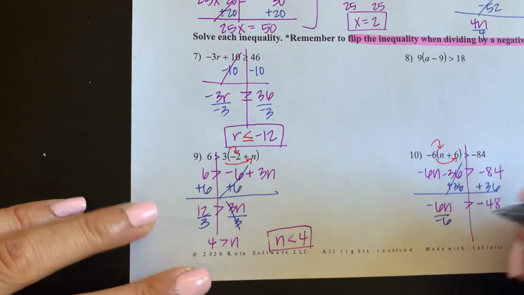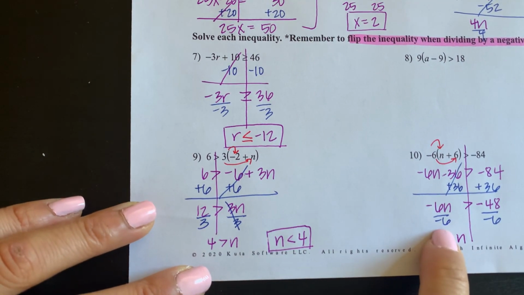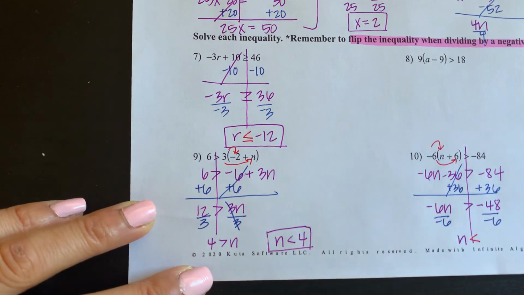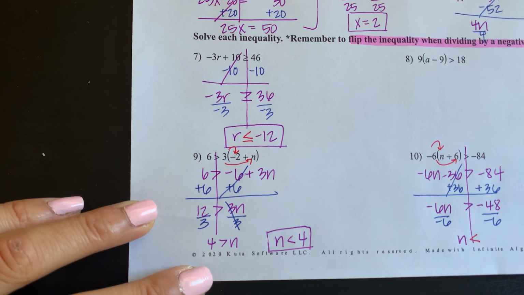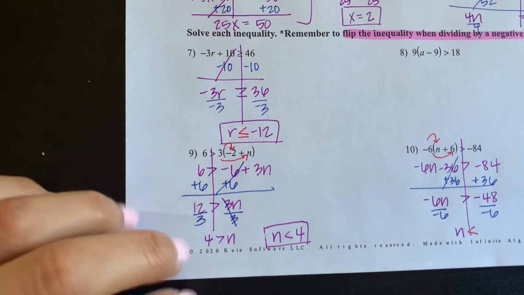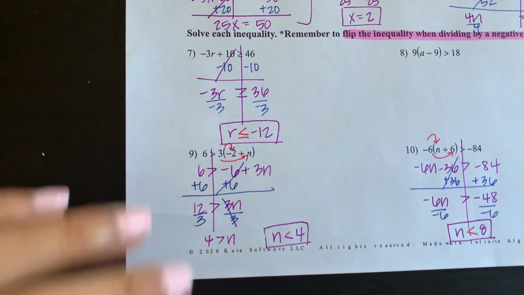Divide by negative 6. Ooh, remember, we're dividing by a negative, so this greater than symbol flips to a less than symbol. Negative divided by negative is always positive. Negative 48 divided by negative 6 is positive 8. N is less than 8 is your final answer.